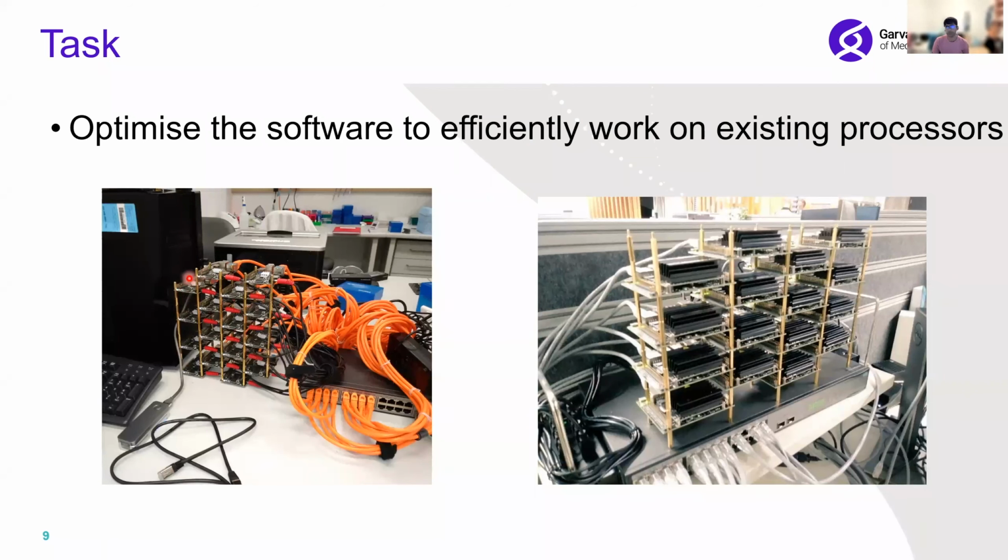It had 4 GB of RAM and 4 ARM cores. And after a while, we made one out of these Jetson Nano boards from NVIDIA. Each one has ARM cores, 4 GB of RAM, and also a GPU. So the idea was to optimize one of the software pipelines for DNA analysis to work on this and this.